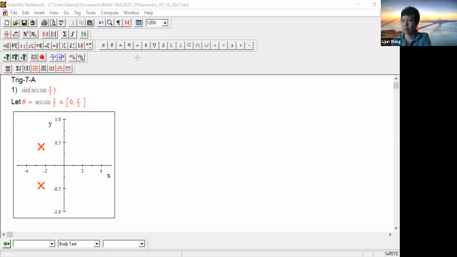So I can draw my terminal side. It's not a special angle, who cares? No problem. This is my theta.